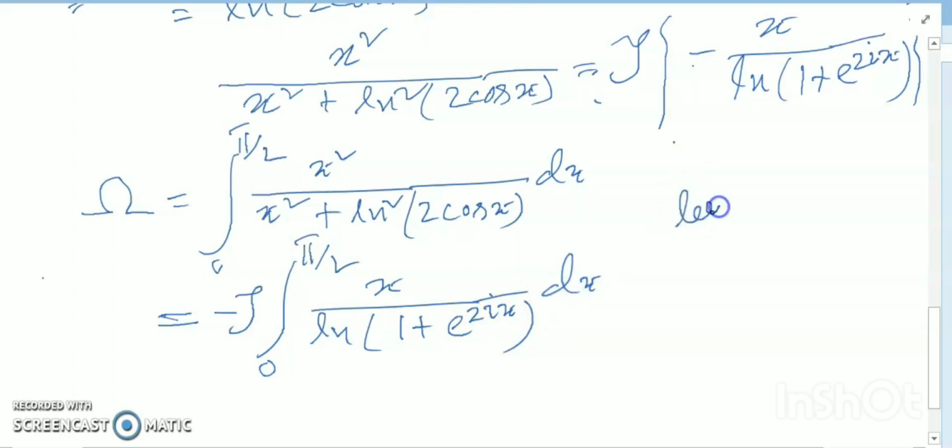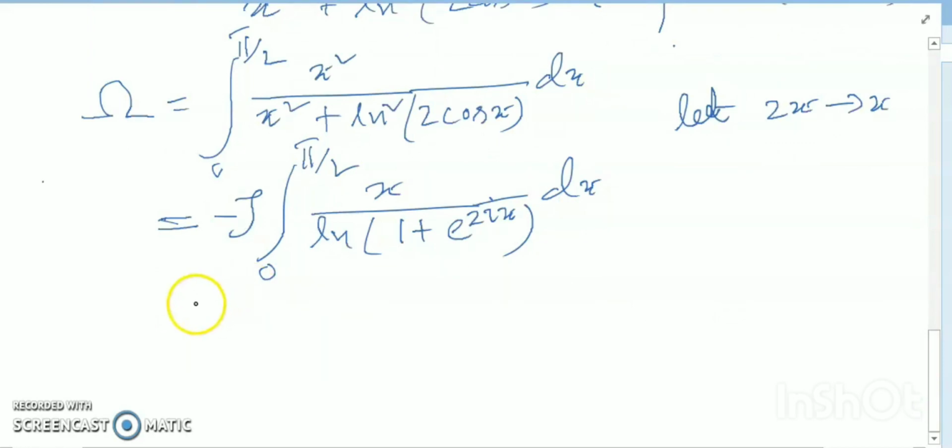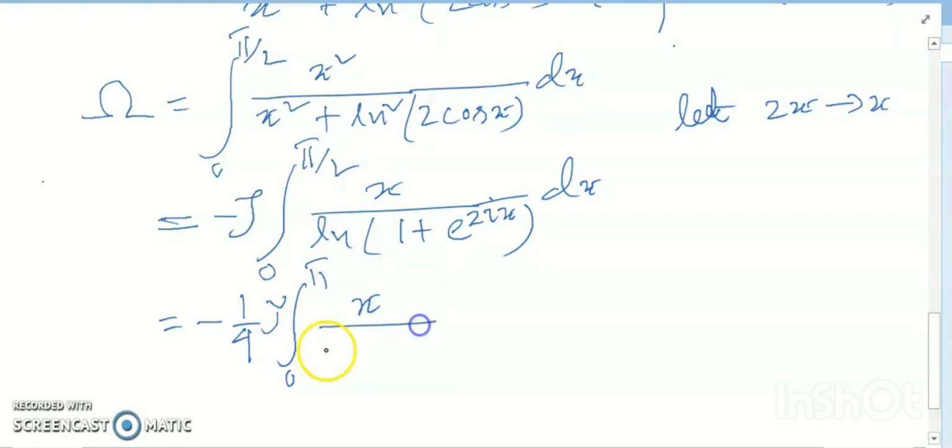Let 2x tend to x, so it can be written as minus 1 by 4, imaginary part, integral from 0 to pi of x into ln 1 plus e to the power 2ix dx.